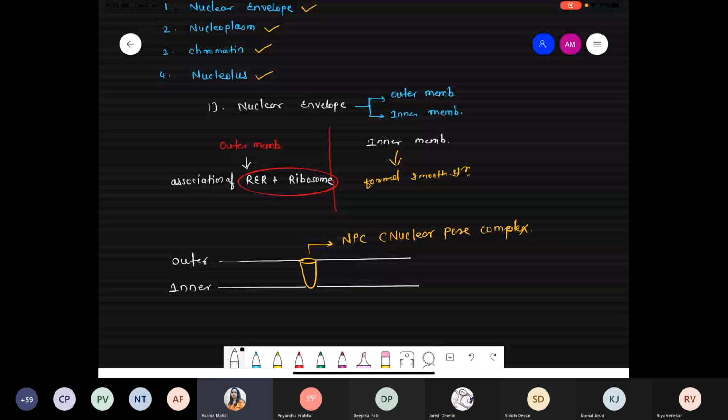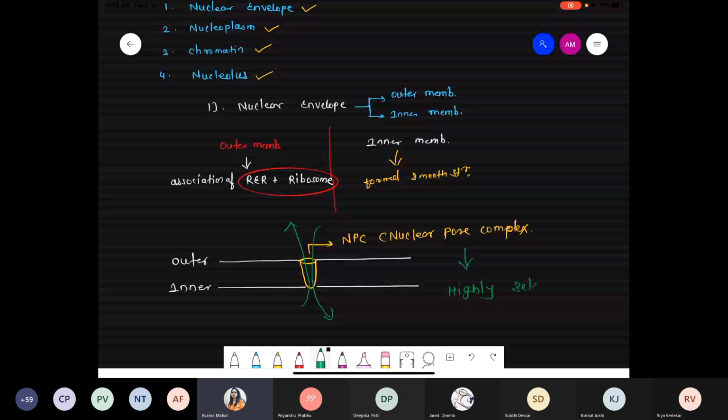Now the nuclear pore complex is the site where proteins, enzymes, even ribosomal units and messenger RNA show movement. It is bidirectional: molecules can go outside through this pore complex, and again they can come inside. But a very important point, please remember, the nuclear pore complex is highly selective in nature.